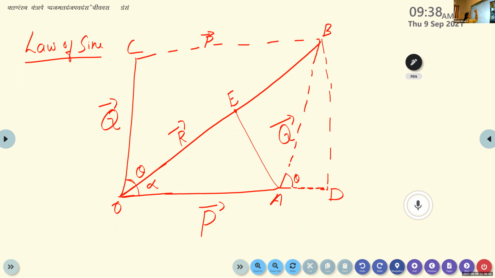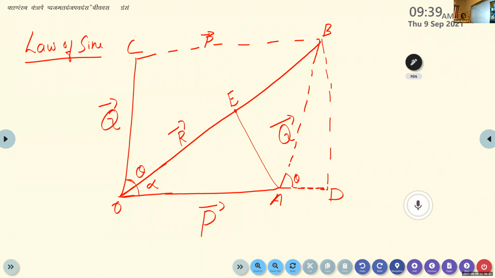We give a name to this point as E. So here we have so many triangles, like triangle OAE, triangle ABE, triangle ABD, and one large triangle, triangle ODB. Here we draw a perpendicular line from the point A to this resultant vector and mark that point as E. So now we are going to start the derivation.